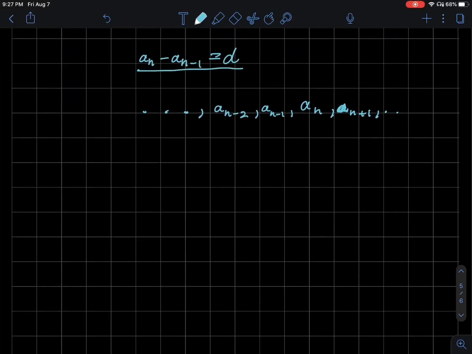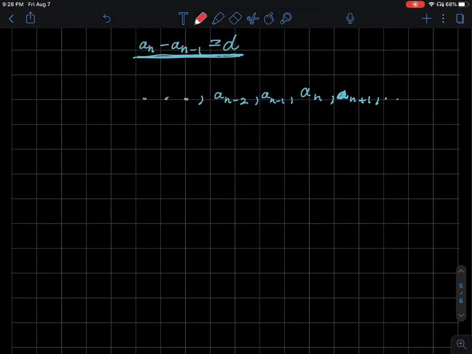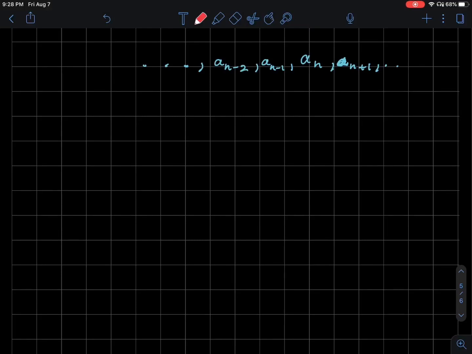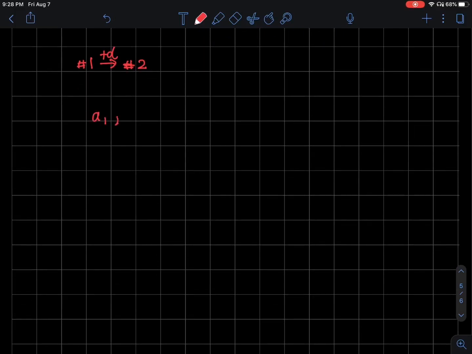Now, this is an important fact to remember whenever you're given an arithmetic sequence. It can actually help you more than you think in a problem. Second, if we were to write all these terms in terms of just a1, how can we do that? Well, I did mention that the common difference was d, right? And to get from term number 1 to term number 2, you have to add d, which means if the first term is a1, then the second term can be written as a1 plus d, correct?